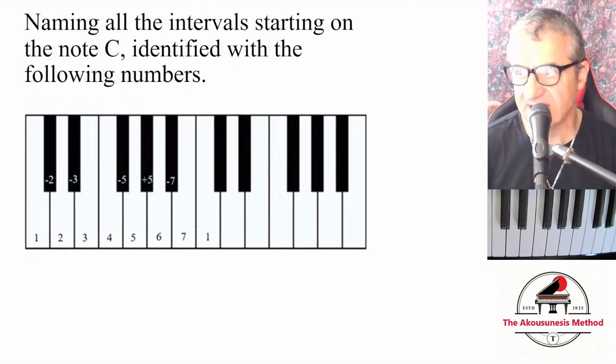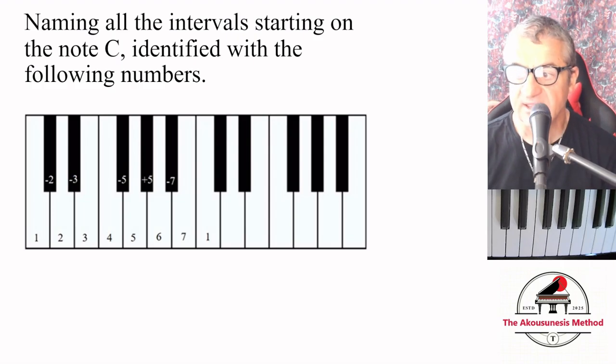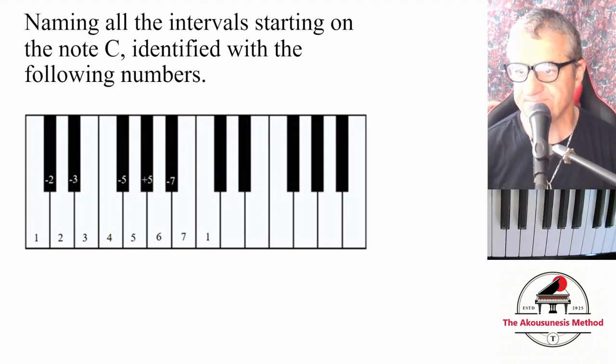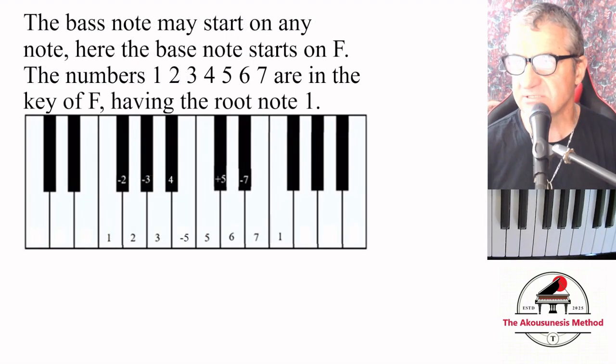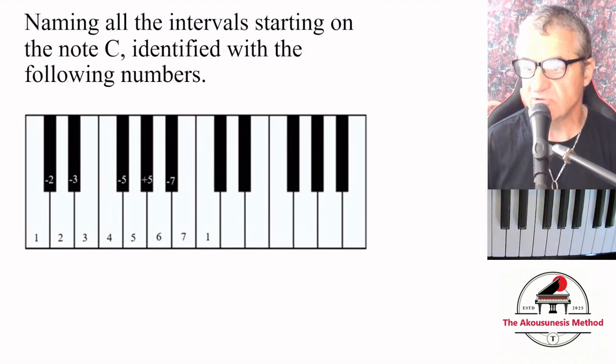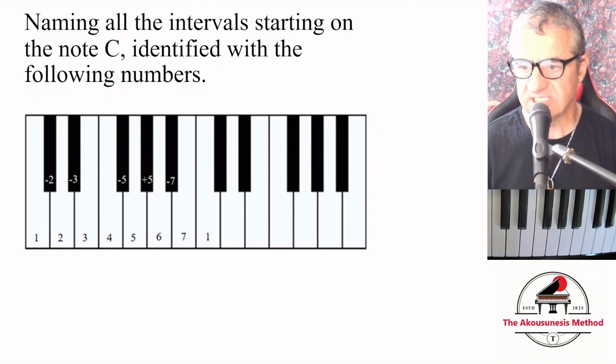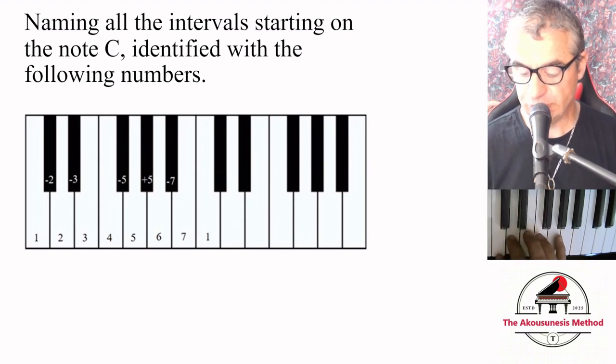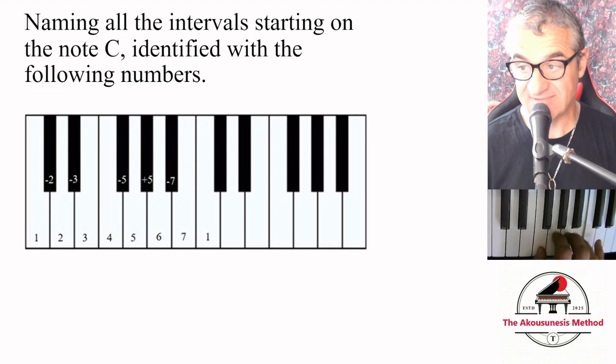Naming all the intervals starting on the note C. Okay, they all have names. Now, you'll notice all the white notes are named 1, 2, 3, 4, 5, 6, 7, and 1.